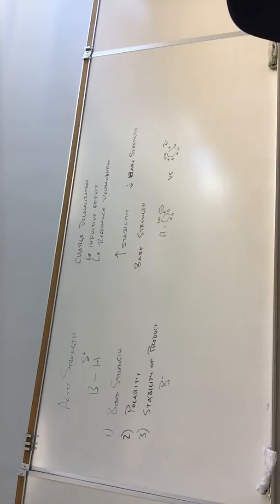In fact, Petrucci, when he talks about base strength, talks about electronegativity, but you have to be very careful how you use electronegativity. Because bases don't want electron density. Bases seek out positive species because they're inherently negative, or they have negative charge density.